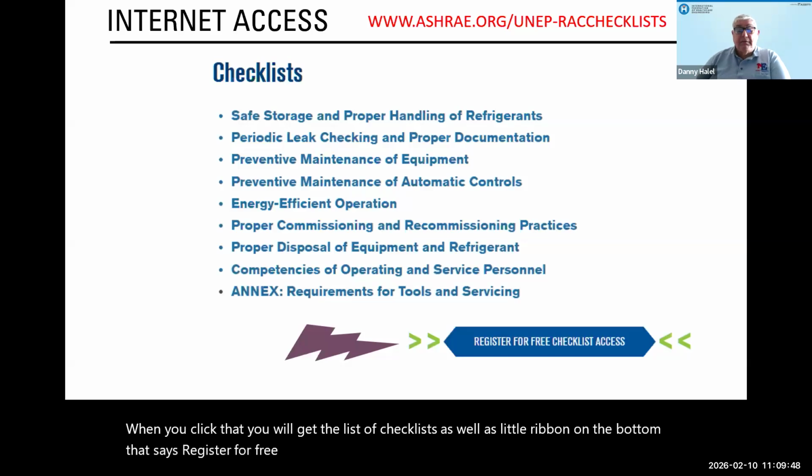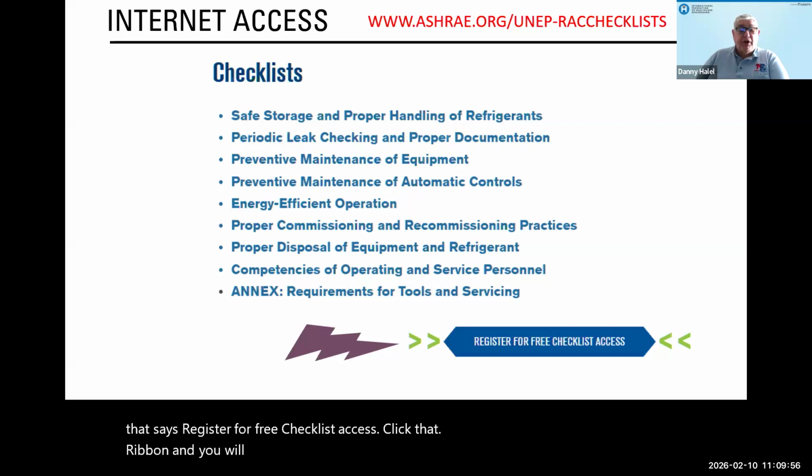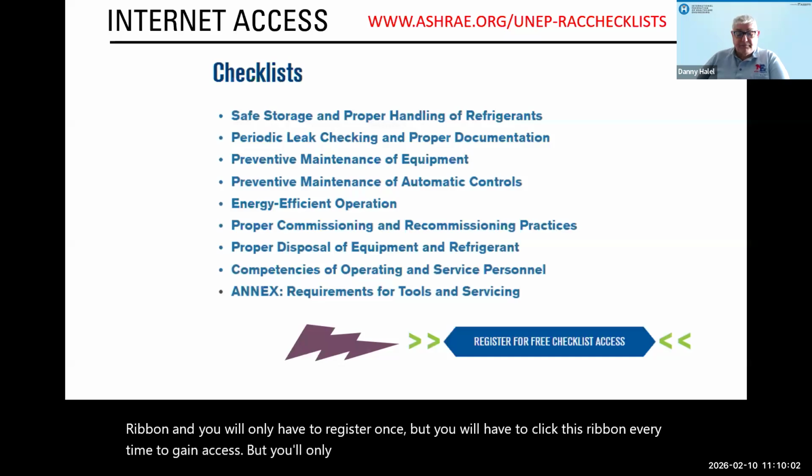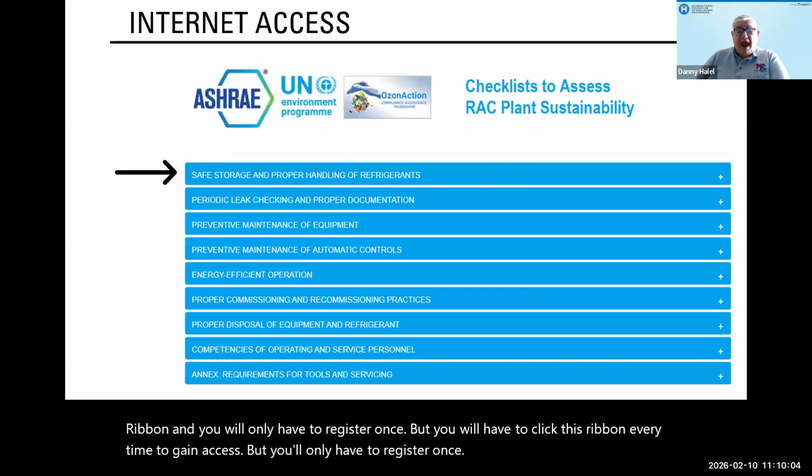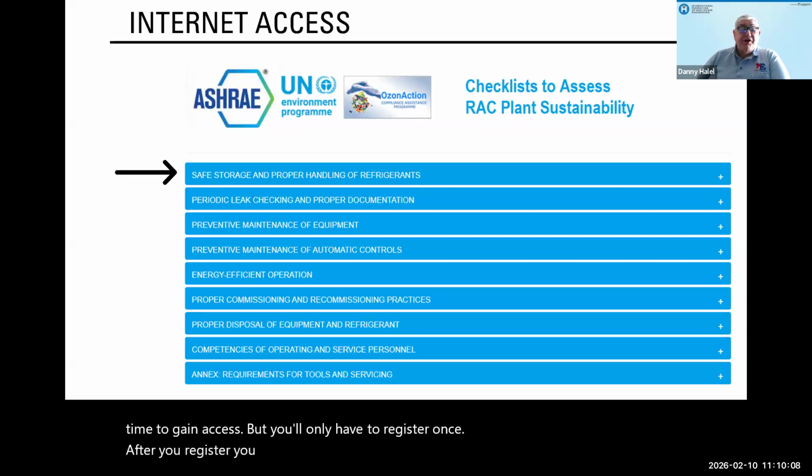Click that ribbon and you will only have to register once, but you will have to click this ribbon every time to gain access. But you'll only have to register once. After you register, you will see 9 ribbons show up with the 9 different sections of the tool.